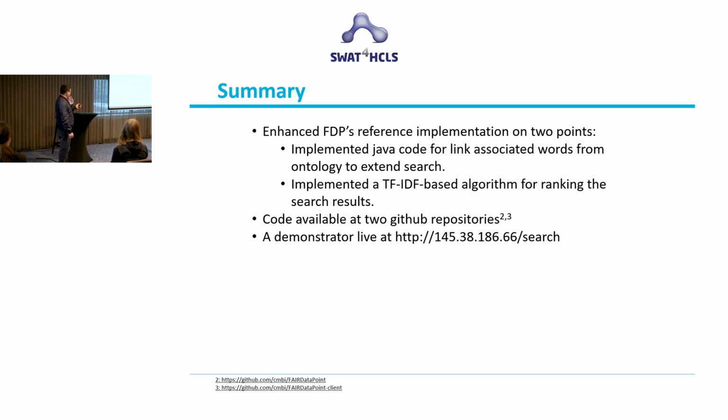The code is available at these 2 GitHub repositories, because the FAIR Data Point code is separated into the server side and the client side. And the demonstration, which we saw in the previous slide, is accessible at this URL.